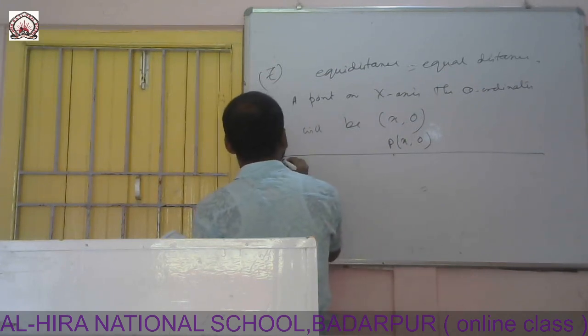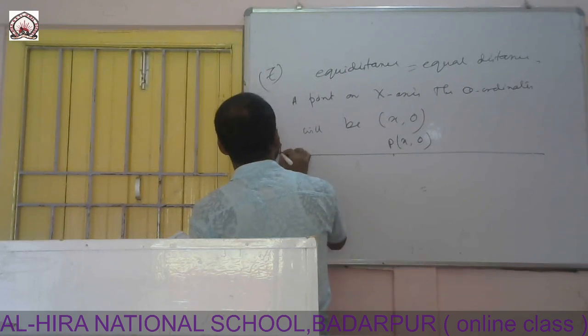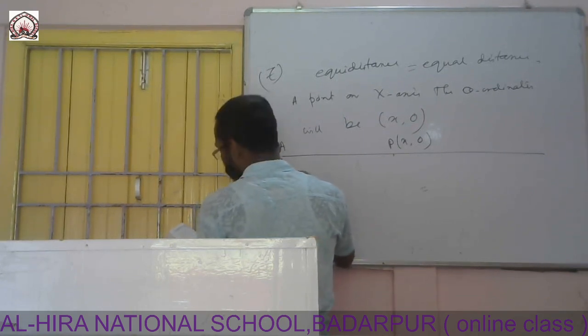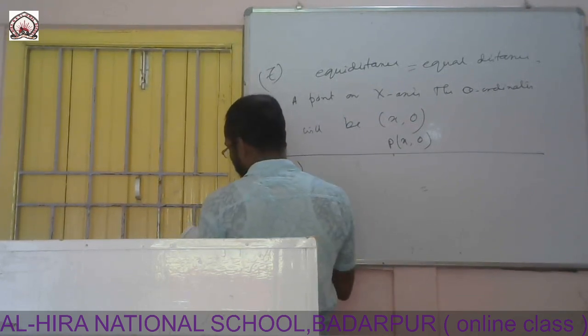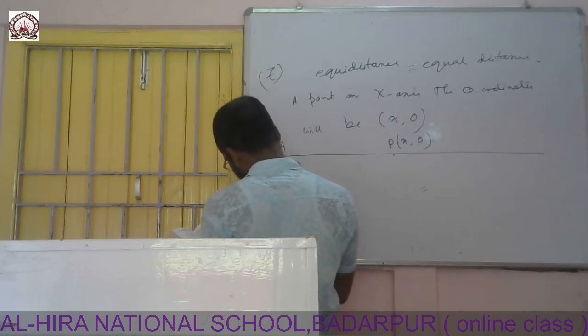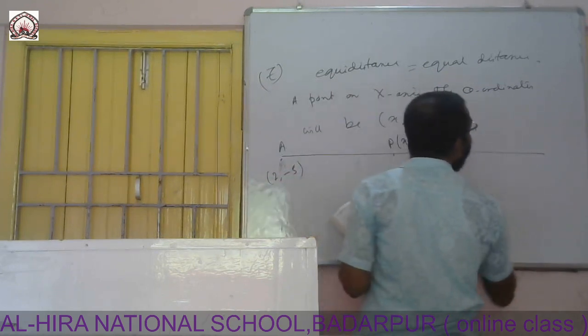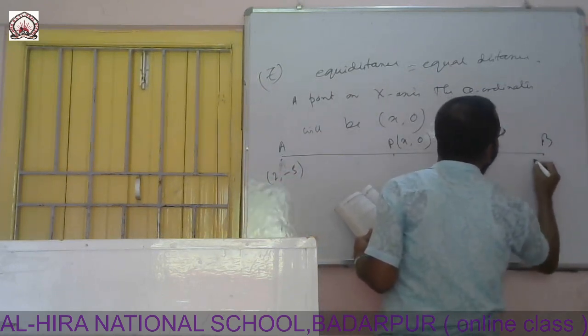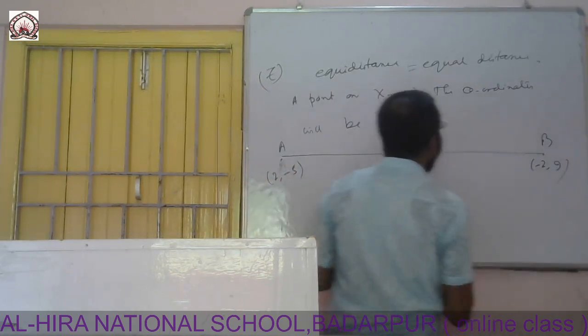One is A, (2, -5), and B is (-2, 9). Look at the picture.